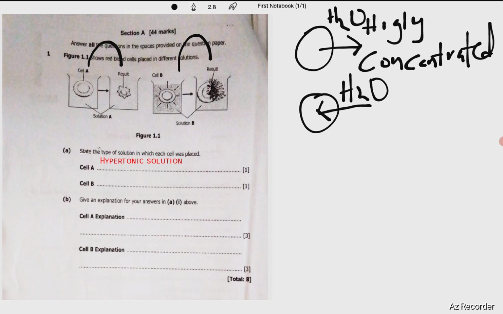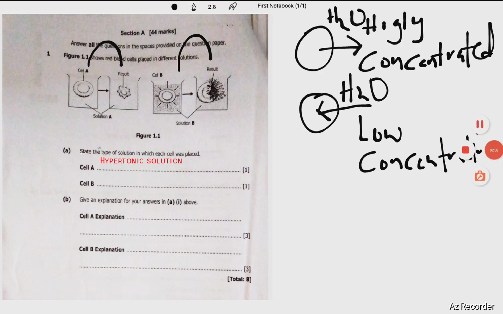This means that the solution where this cell was placed has a low concentration. And there's a term we use for a low concentrated solution. It's called a hypotonic solution. All right, so hypotonic solution, as easy as that.